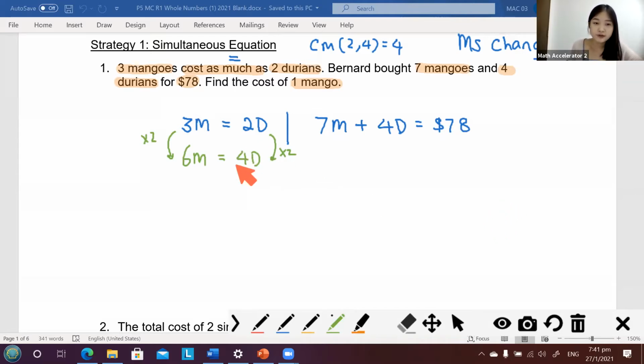Okay, so now we have made the common multiple. 4 durians, 4 durians. Now we want to cancel away the durians, which means we'll write out the second equation only with mangoes. So that will be 7m plus, do I still write 4 durians over here?